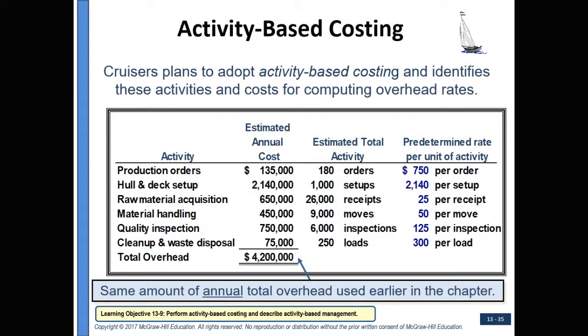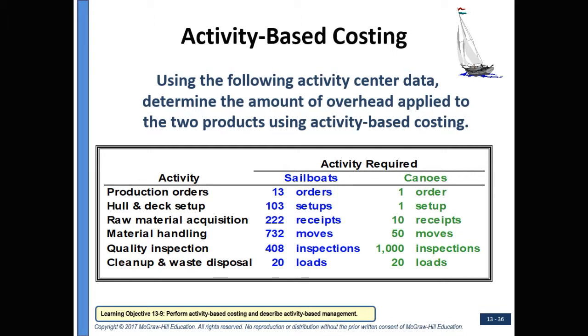So using all this activity center data that Cruisers went through, we can determine the amount of overhead applied to the two products.